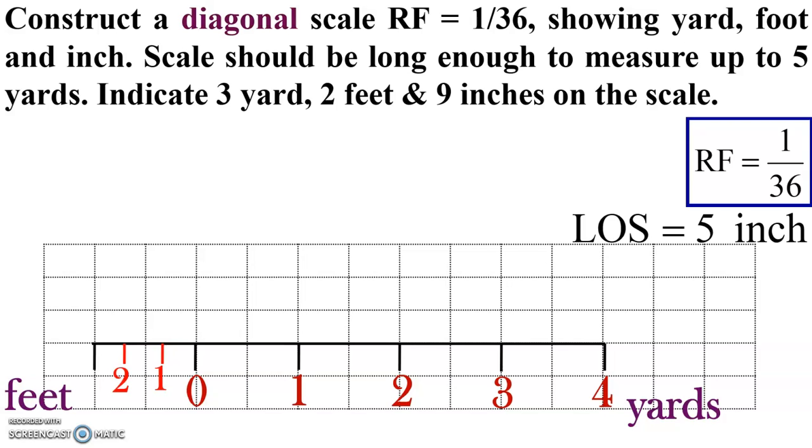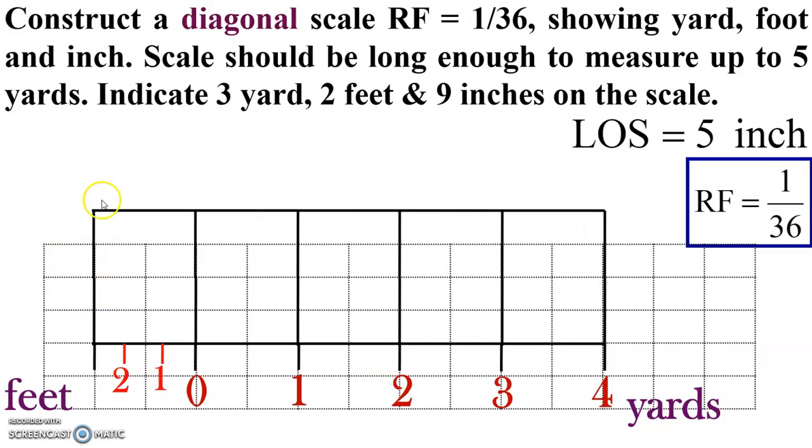So we have drawn a vertical line. Clear? The length of this line should be arbitrary, so you can draw the line of any length. Then we have to complete the rectangle and draw the vertical lines from each division also. Clear? And this vertical length shows us the yard.